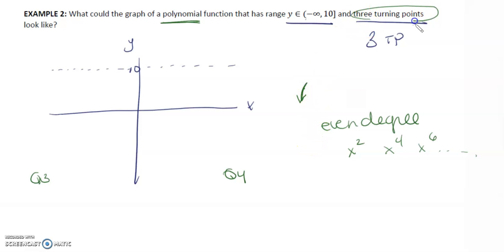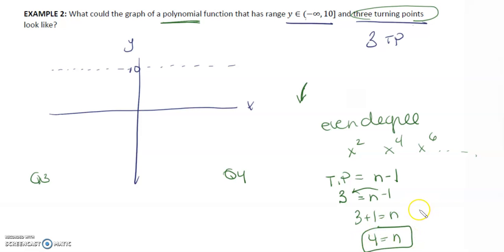Now, it's going to have 3 turning points. So when we take a look at turning points, we know that the maximum is n minus 1. So if it has 3 turning points, I'm going to bring over that negative 1, and I'm going to say the degree is going to be 4.